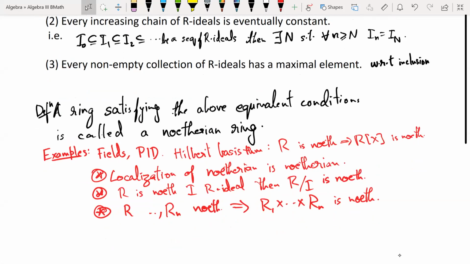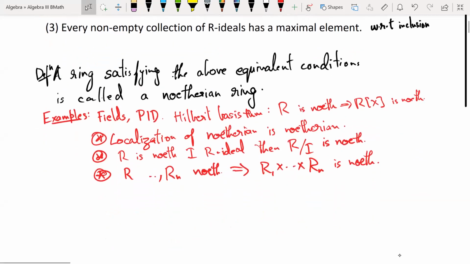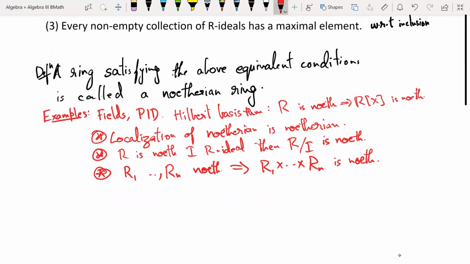Then the other facts, which are not difficult to see. Maybe we'll begin with these, since we didn't see a proof: the localization of a Noetherian ring is Noetherian, and if R is Noetherian, then R mod I is Noetherian. So they are easy results. And if R1 to Rn are Noetherian, then their product is Noetherian.